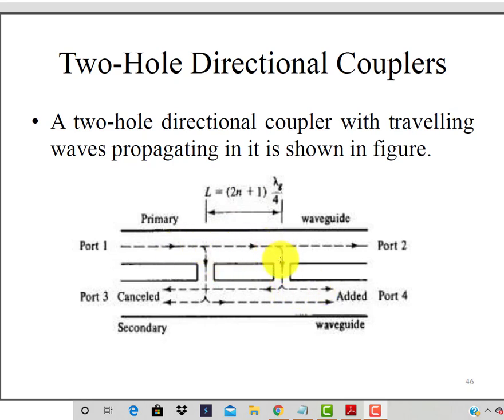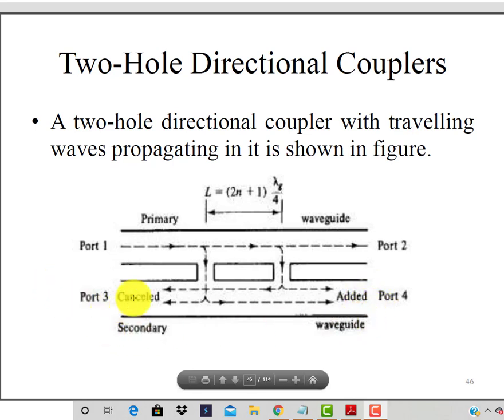This signal travels again a path of (2n+1) λg/4 in the primary section. So both travel the same path difference, both have the same phase and are added together. That's why some coupled power is observed at port 4.